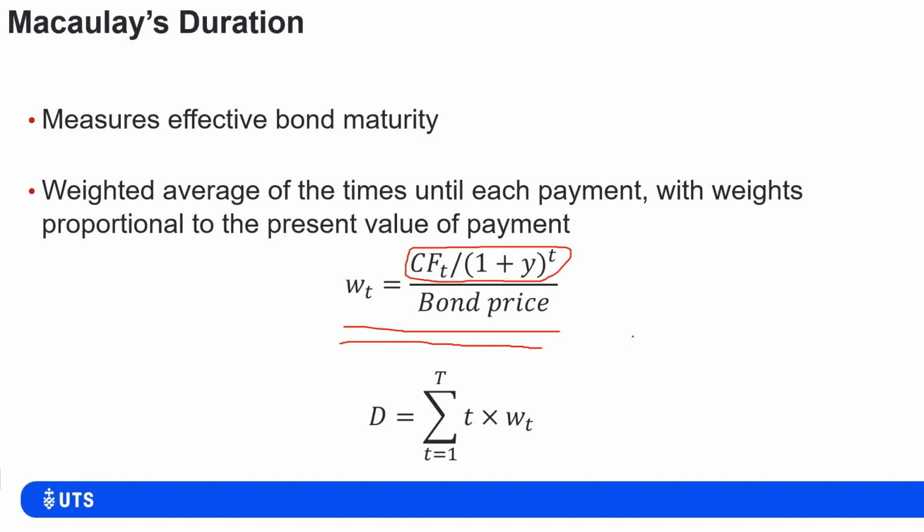Then to calculate Macaulay's duration, we use W_T times the corresponding T of that period, and then we sum the products of each period. That will lead to Macaulay's duration.